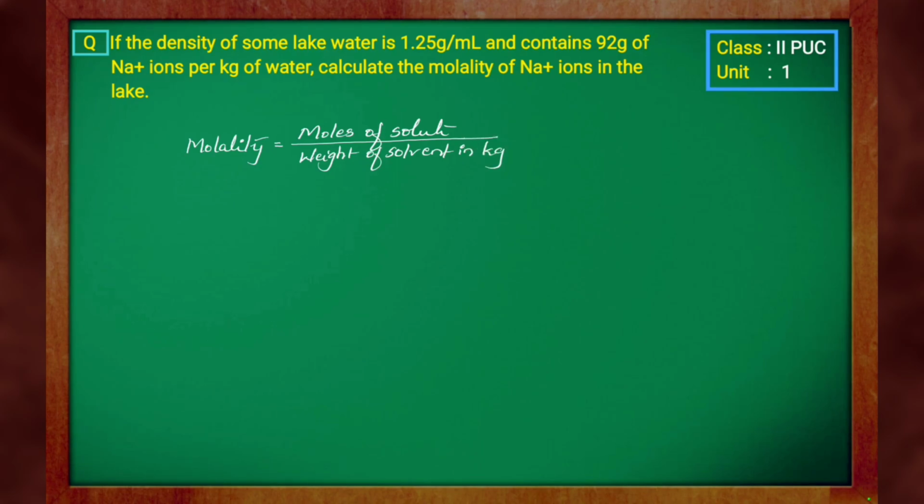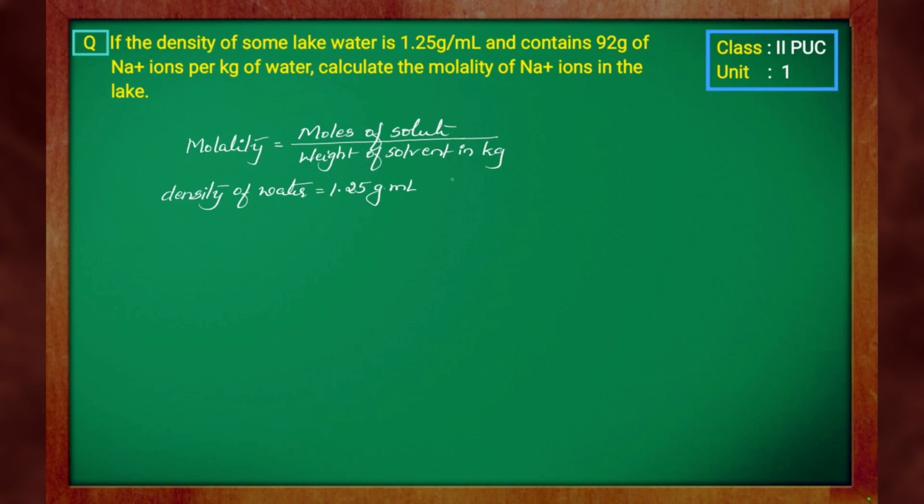So here we need to find out the number of moles of solute to substitute into the formula for molality. So they have given us density of water, which is equal to 1.25 gram per ml.